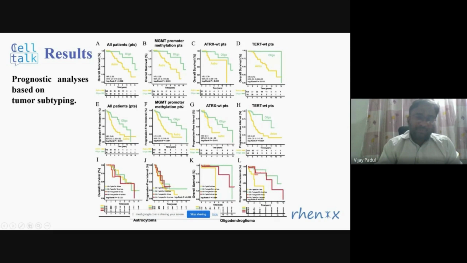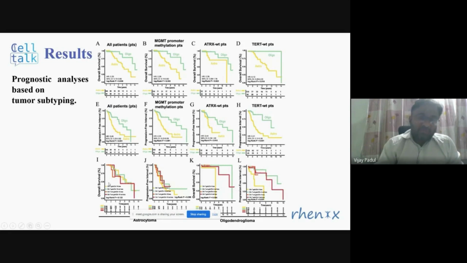Then here, MGMT promoter methylation subtype patients, ATRX wild type patients, and TERT wild type patients. In these also oligodendroglioma patients are surviving more as compared to the astrocytoma patients.